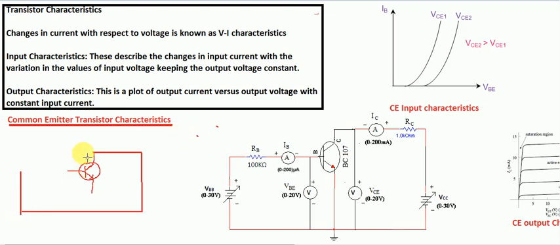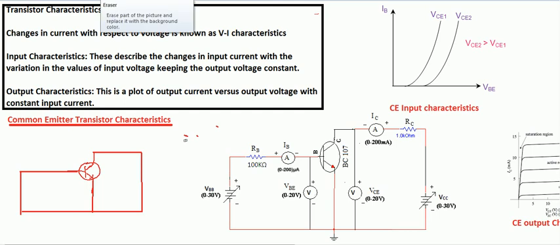Now the emitter circuit also we have to complete. So the first step is drawing the box structure for the transistor. That's over. Now we have to apply the biasing potentials.